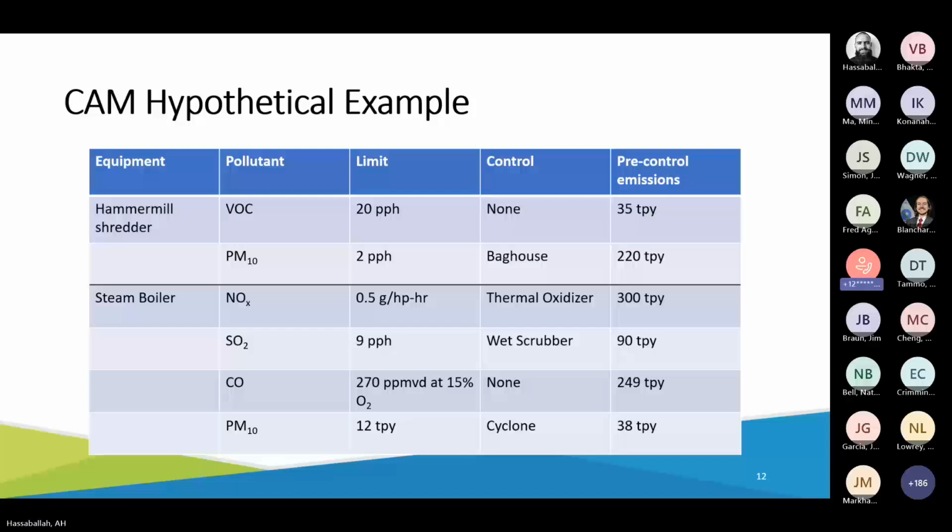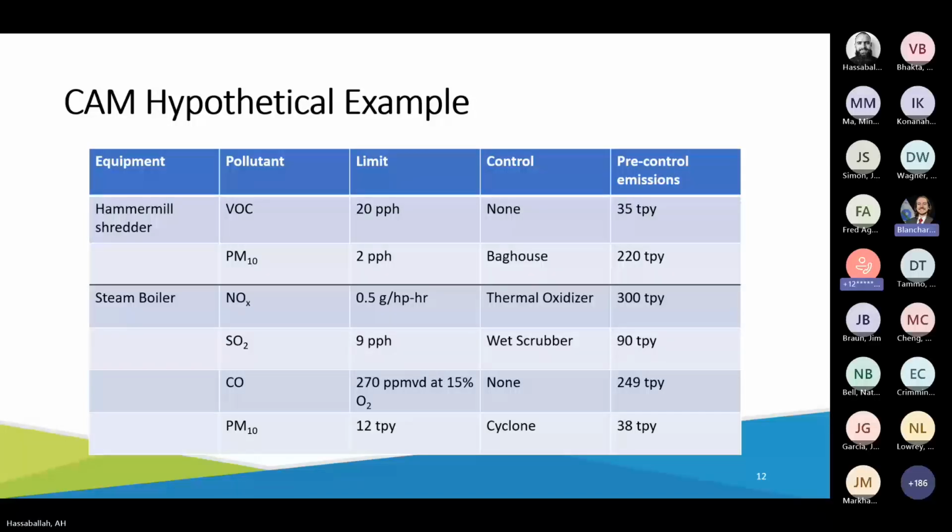So assuming there are no exemptions, the PM10 pollutant for that hammer mill shredder does have CAM applicable to it.